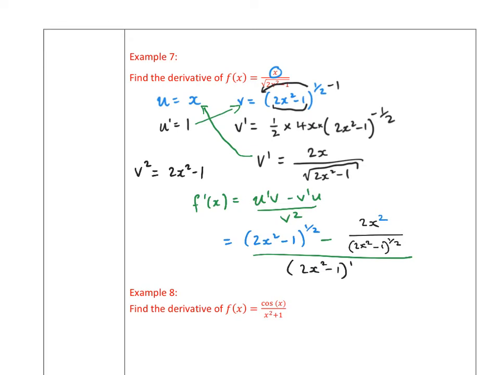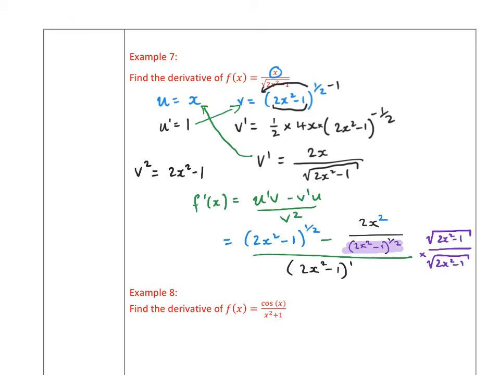Now to simplify this fraction, it might seem a little bit tricky, but we think the only real problem here is this denominator of 2x squared minus 1 to the half. So let's multiply the entire fraction by 1, or, more usefully, 2x squared minus 1 over root 2x squared minus 1.